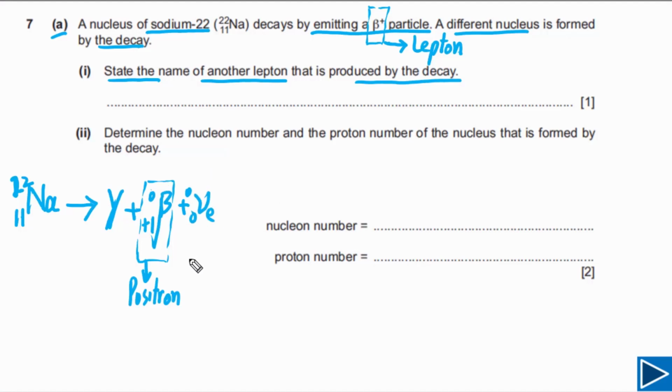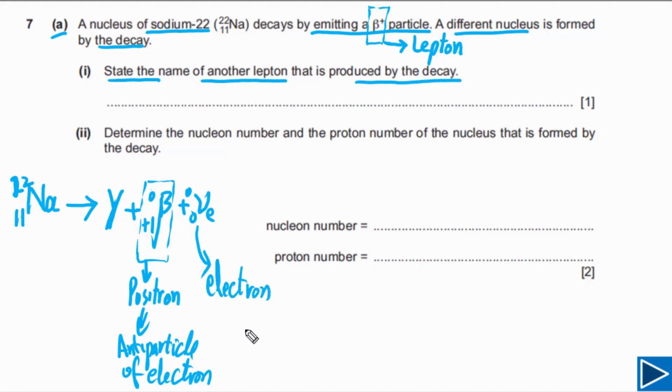You have to be very clear about this point because they will ask you this in many ways. So this is the positron, the antiparticle of the electron, and this is the electron neutrino. There are different types of neutrinos: electron neutrinos, muon neutrinos, and tau neutrinos.